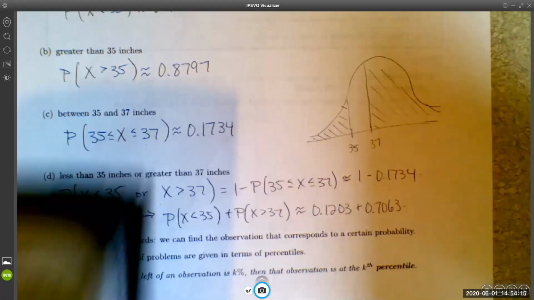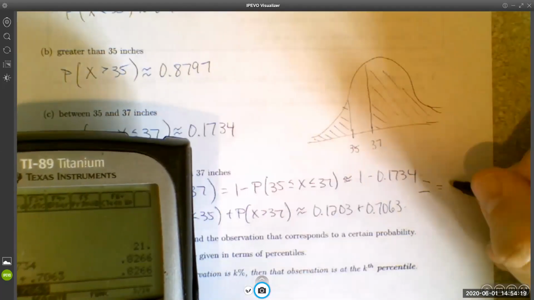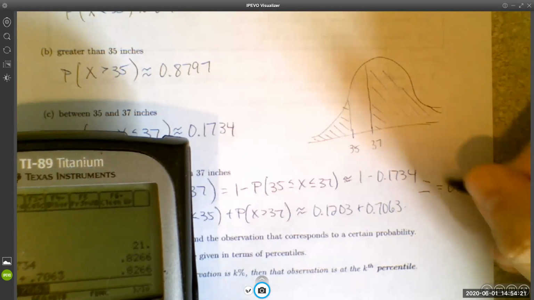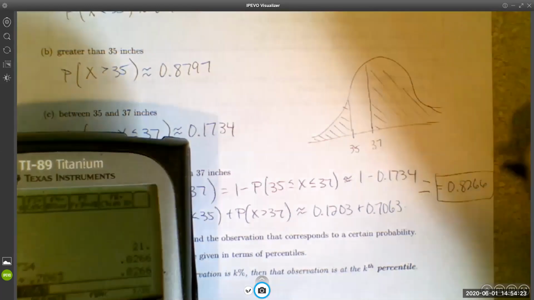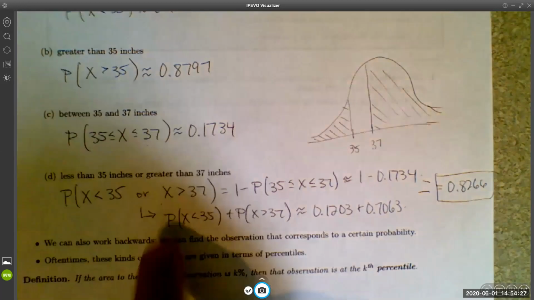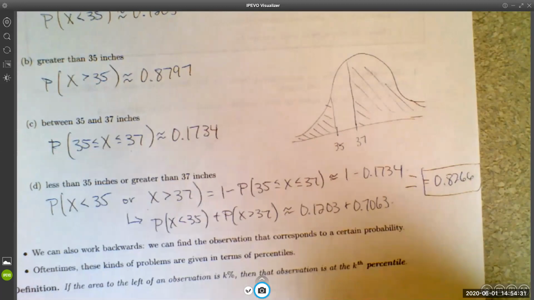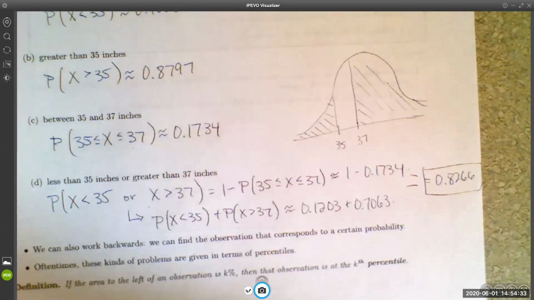Both of these things equal 0.8266. Obviously, you don't have to do it both ways every time you encounter this sort of scenario, but I just wanted to show you that you could think of it in more than one way, and that's totally fine. So that's that one.